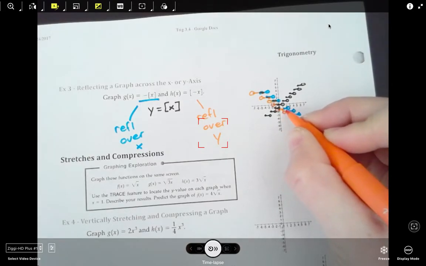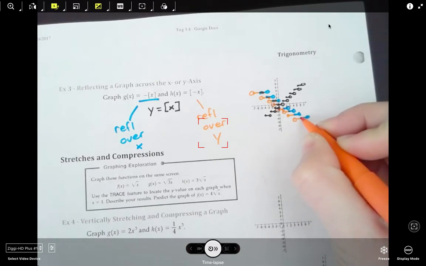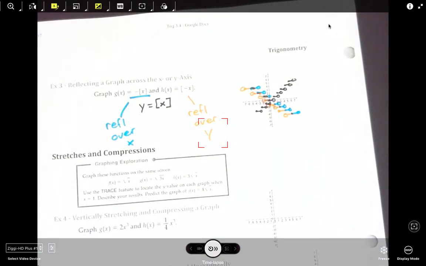And here, and here, and here. Something like that. So he'll be kind of butted up against the blue one, but his will be flipped. If I take this guy and I flip him over here, he'll be butted up against that blue one. But the open dots and closed dots will switch.